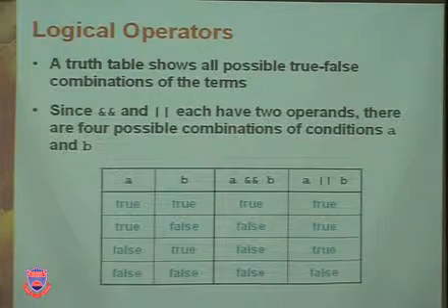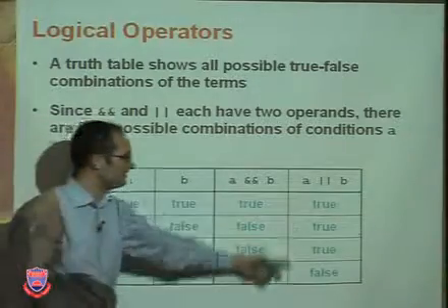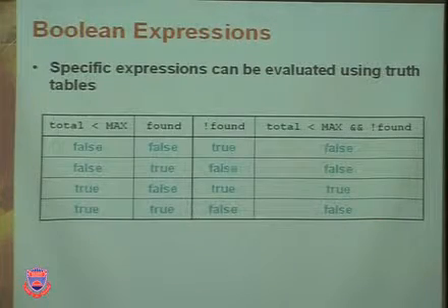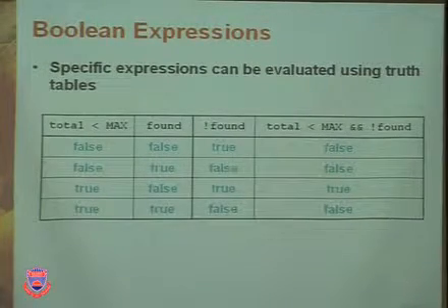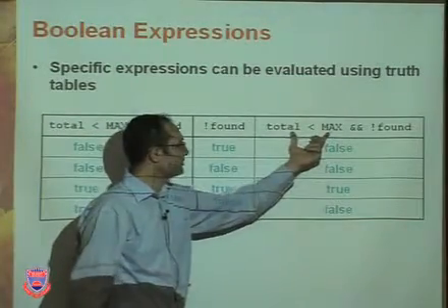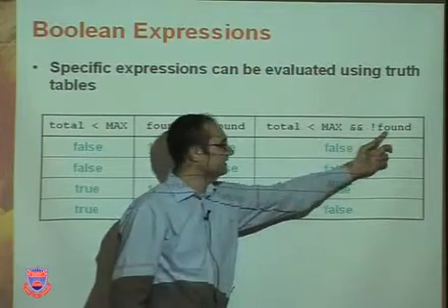So as in the example, you have A and B, and the corresponding A and B, and A or B values are listed and shown here. I'm just going to skip this slide as well. So when you look into the specific expression that we would like to evaluate, as in the previous example, we had total less than max plus 5, and then AND not found.